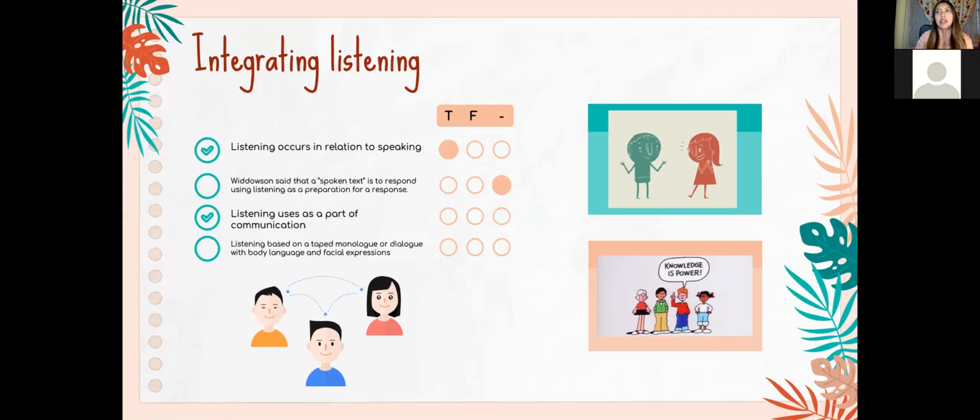It is a necessary skill to develop and focus on. Listening is based on a tape, monologue or dialogue, with body language and facial expression. Sometimes when we are listening, we could be helped by body language and facial expression so that we understand the message better.